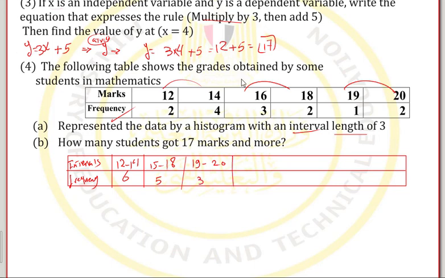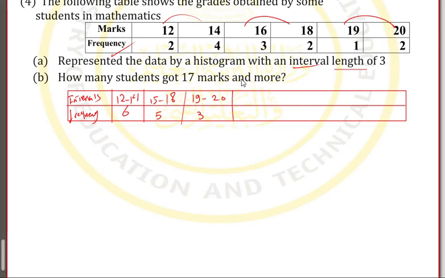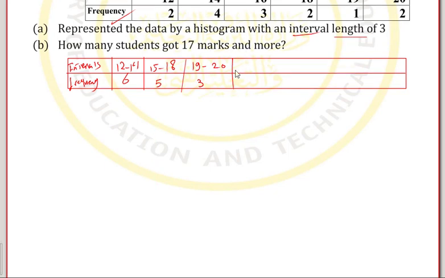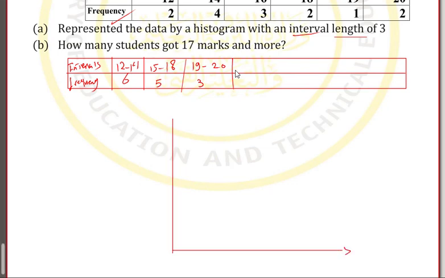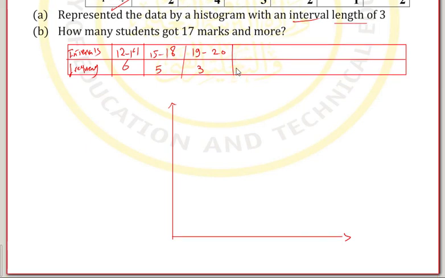Now he needs us to draw it. As you know, we will draw the vertical line and the horizontal line like this, and the intervals are going to be down and the frequency is up.